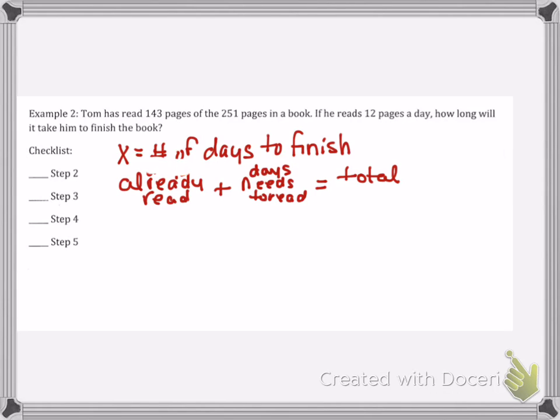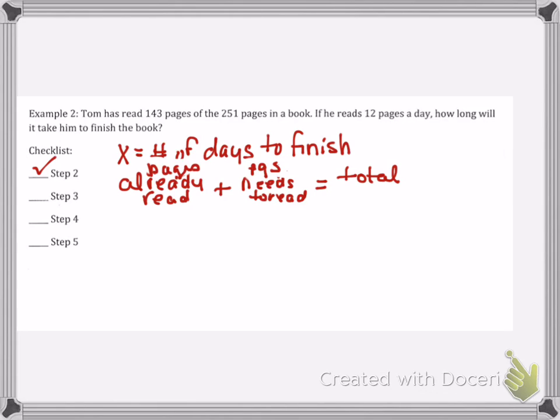Really, I guess I should take the days out there. It should just be the pages. Let me put that in. Pages he already read, and pages he needs to read. And that would give him the total. So that's our setup. We want to write our equation.